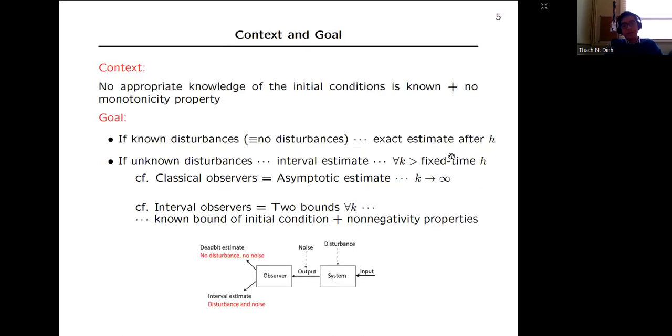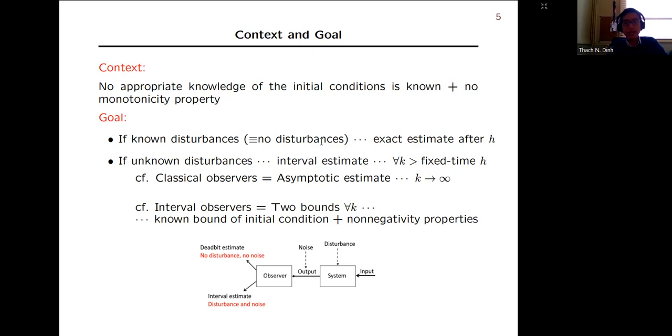So the goal here, as you can see in the picture, is that the system may be affected by disturbance and the measurement may be affected by noise. In the case where there are no uncertainties, the observer will give an exact estimate after a fixed time S. So in the frame of this talk, the fixed time will be noted by S.